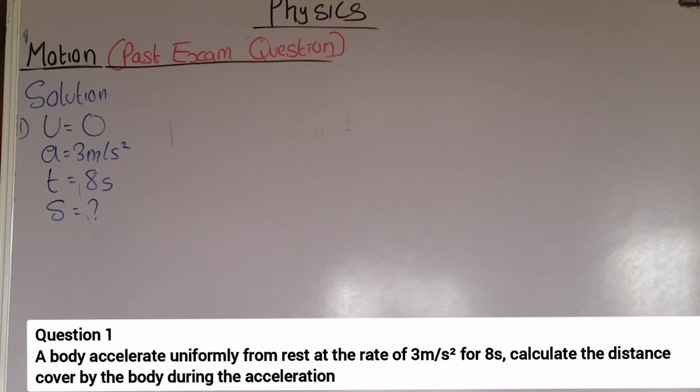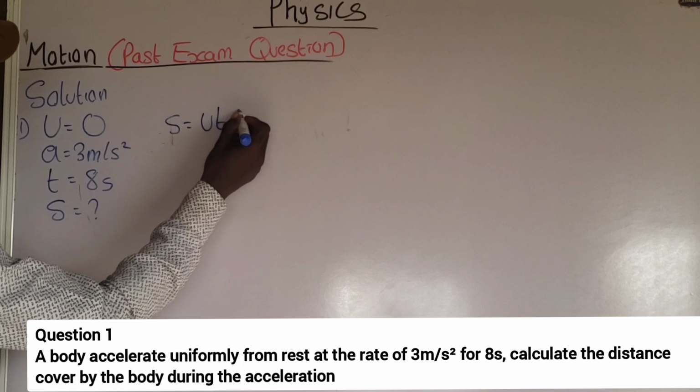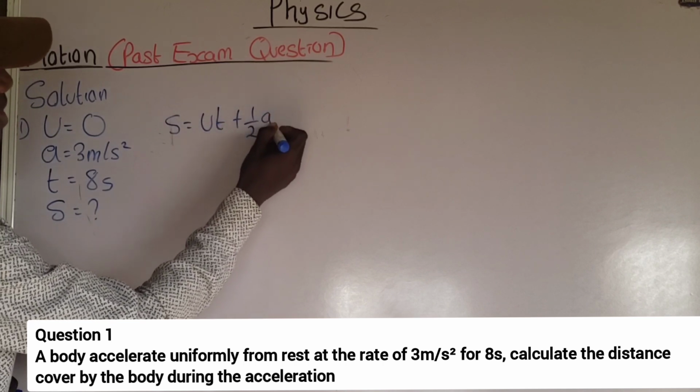We are going to make use of the second equation of motion, because it contains all the parameters that we have, including the distance we are asked to find. The second equation of motion is s equals ut plus 1 over 2 at squared.